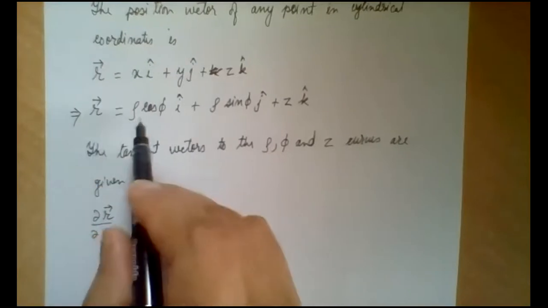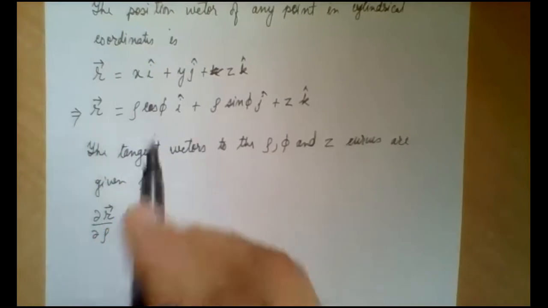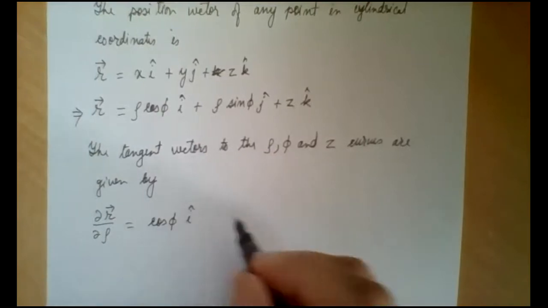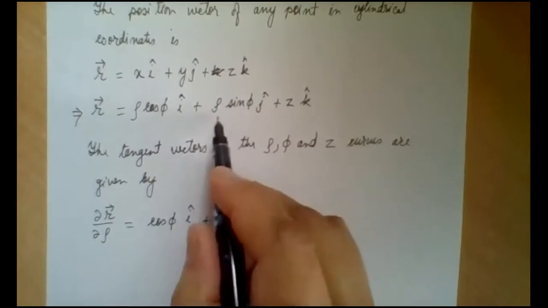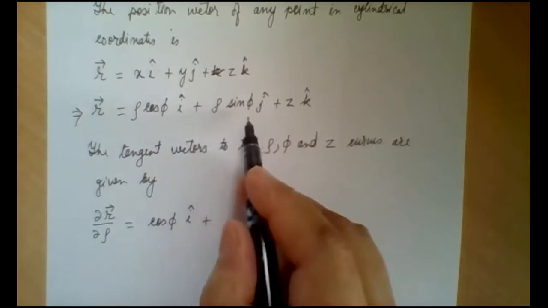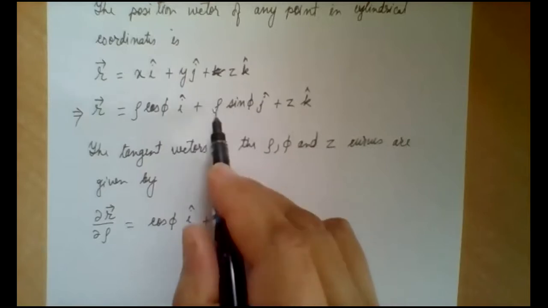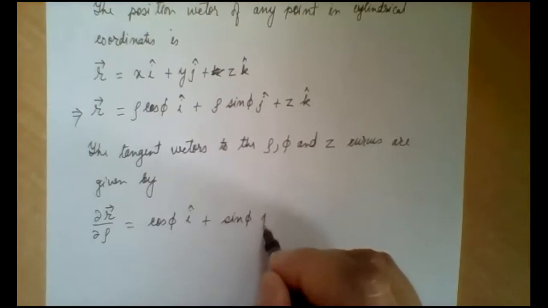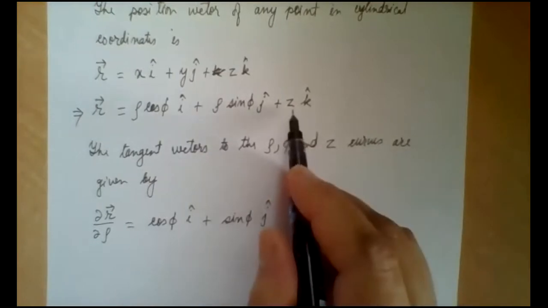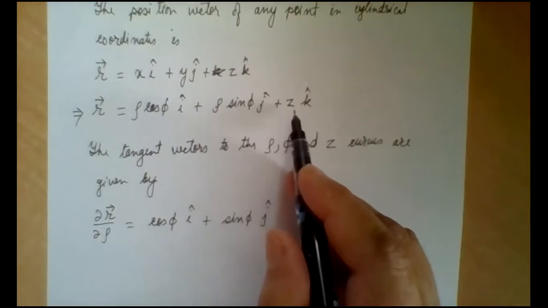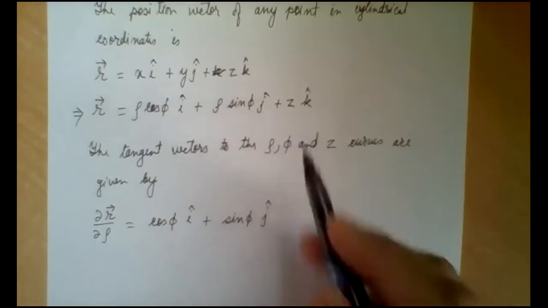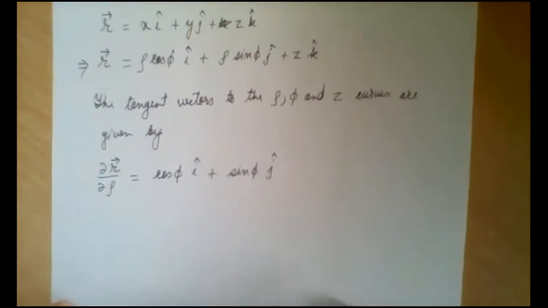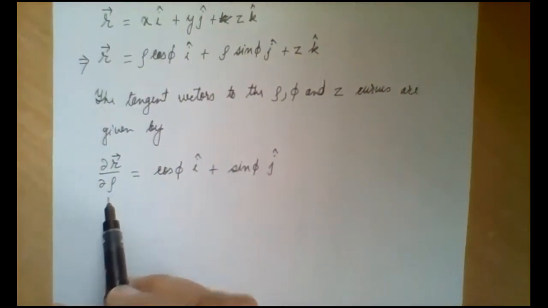Del r by del rho is cos phi i hat plus, differentiating with respect to rho with phi constant, sin phi j hat. z does not depend upon rho, so the partial derivative of z with respect to rho will be 0. So this is the tangent vector to the rho curve.